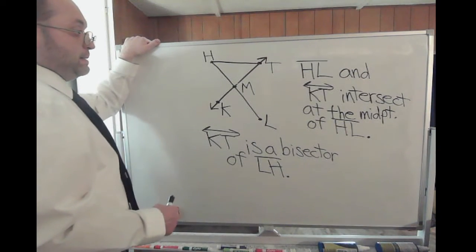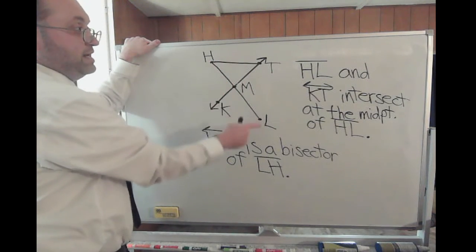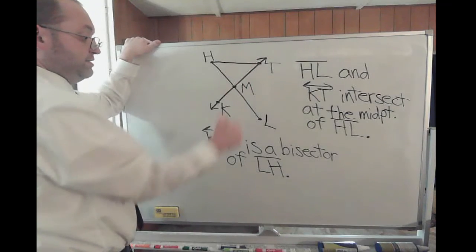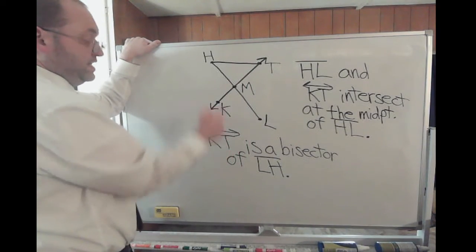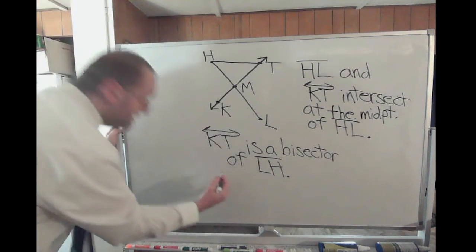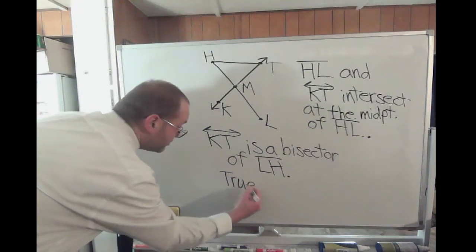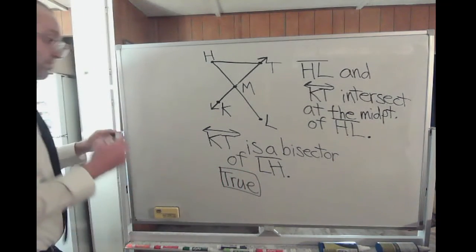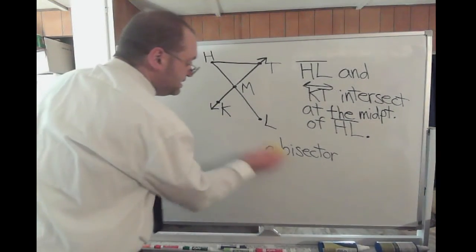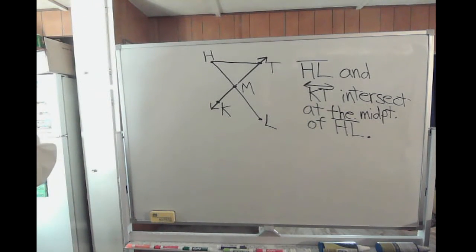Well, it says that line KT and line segment HL intersect at the midpoint of HL. Line KT runs through the midpoint of HL at point M. So yes, this is true. Line KT is a bisector of the segment LH. So you see, these aren't your typical math problems. This is really getting you to look at stuff and be observant.